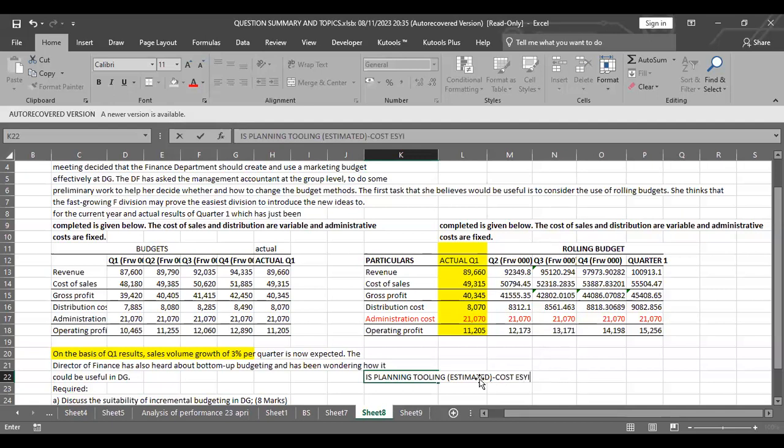So why are they using that? Because they update. They do a quarter and find an actual, and then they use it to say this actual already reflects reality. So what they do is only add a certain projection that they believe will change, which in this case happens to be volume.